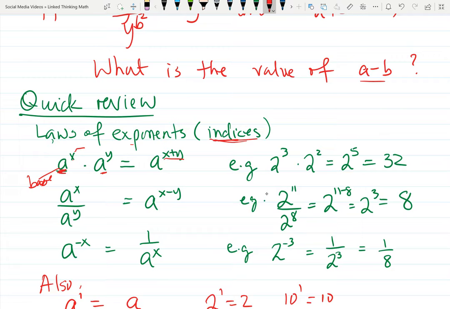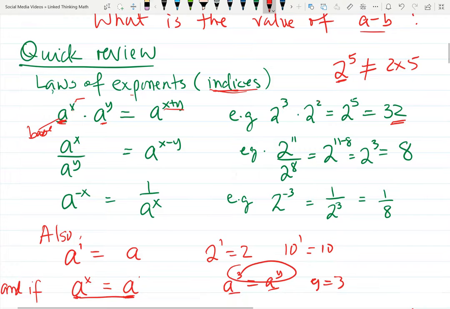If you have these two numbers multiplying, all you do is add the exponents. So a to the power x times a to the power y is a to the power x plus y. 2 to the power 3 times 2 to the power 2 is 2 to the power 3 plus 2, which is 2 to the power 5, and that is 32. Note, 2 to the power 5 is not the same as 2 times 5. This is 2 multiplied by itself 5 times, and that is 32.